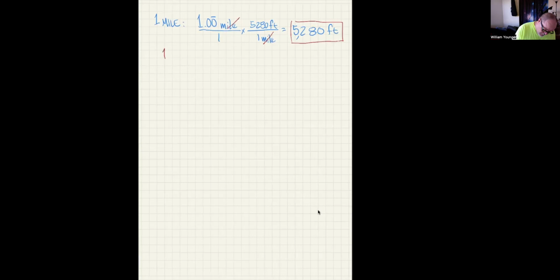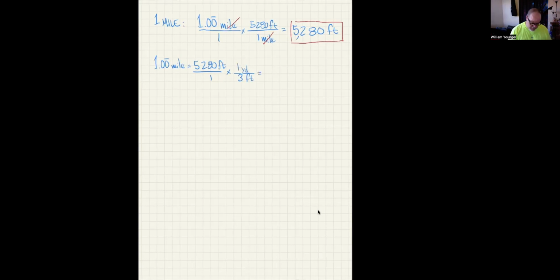So 1.00 miles, we already found out, was equal to 5,280 feet. Again, I'll put that over 1. And this time I'll make use of the fact that we know 1 yard is 3 feet. So I'm going to say 3 feet, and remember, that's an exact conversion, so we're not limiting our sig figs. 1 yard is 3 feet, so on top, I'm going to put 1 yard.